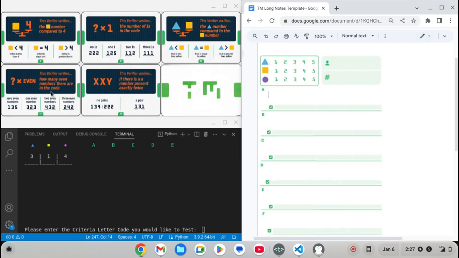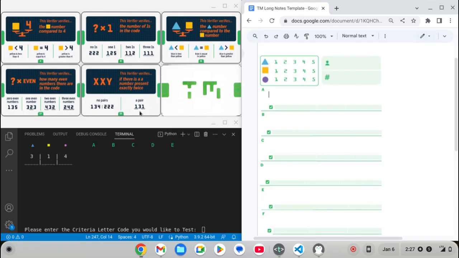Criteria card D again takes a look at our 3-digit solution, except this time it'll let us know how many evens there are. Are there no evens? Is there a single even? Perhaps 2, maybe even all 3 are even. And finally, criteria card E again takes a look at our 3-digit solution, but this time the Turing machine will let us know something about the structure of the solution.